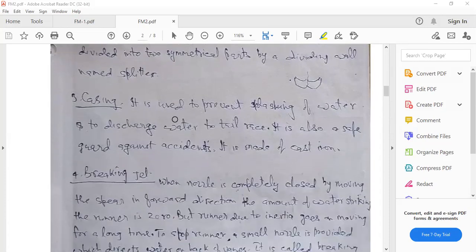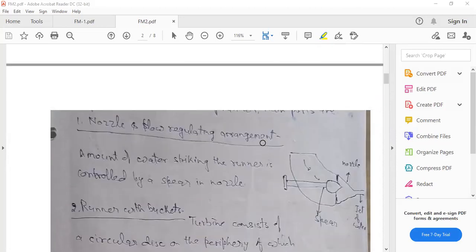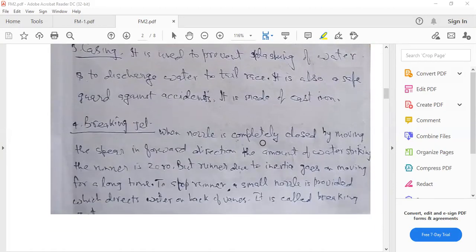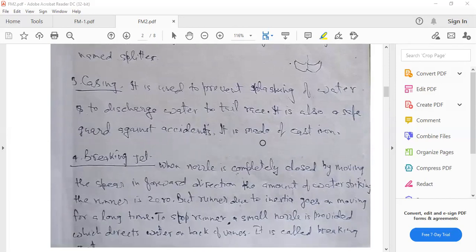Then the third part is the casing. So what is casing? This whole arrangement is fixed into a casing. You can say casing is a type of cover. If any nut or bolt gets loose, the buckets or vanes should not harm the operator.